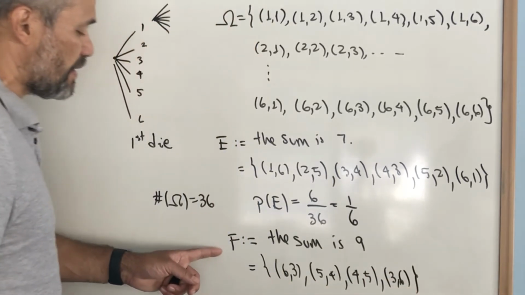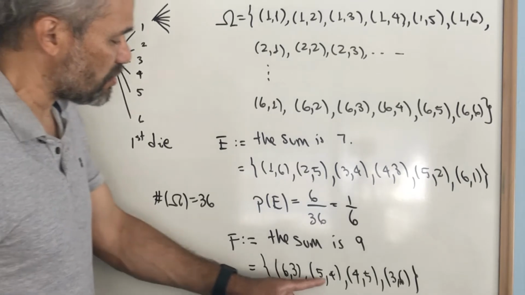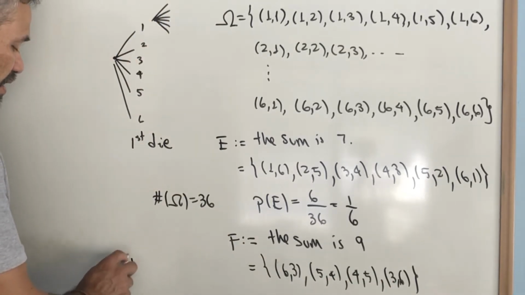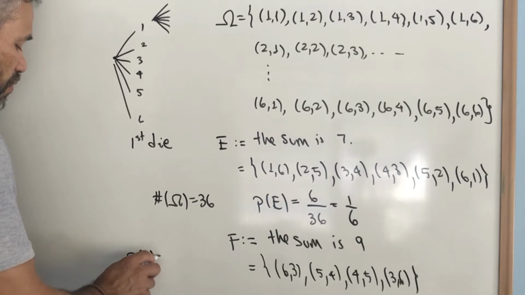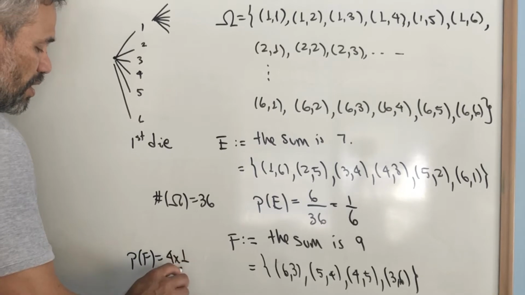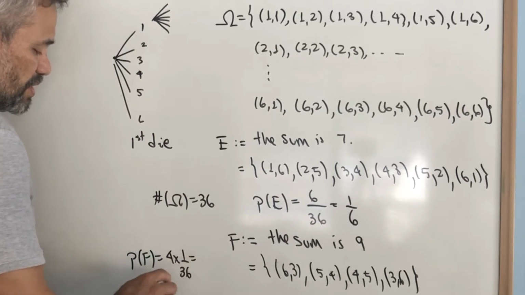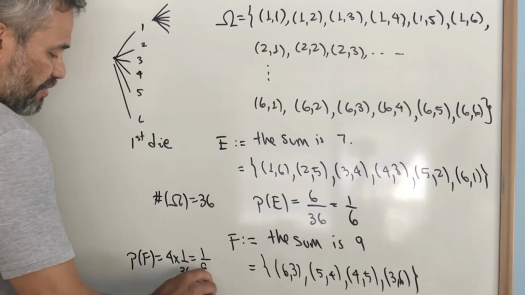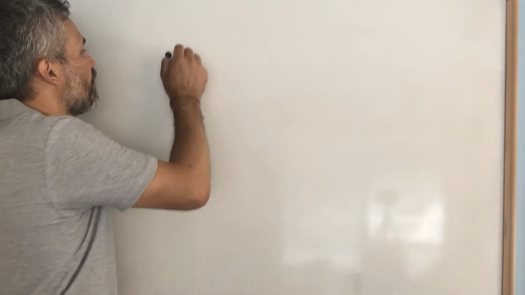In this case, this event has 4 outcomes, and then the probability of F would be 4 times 1 over 36, which is 1/9.